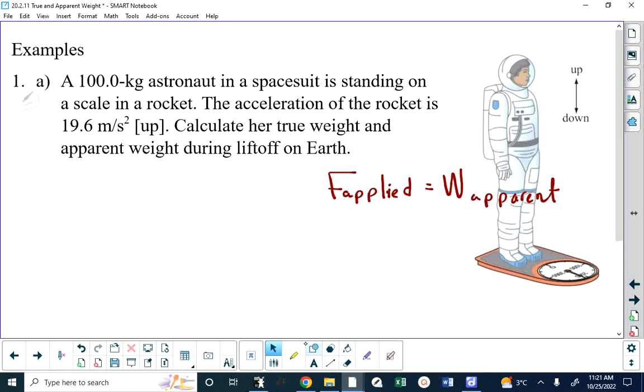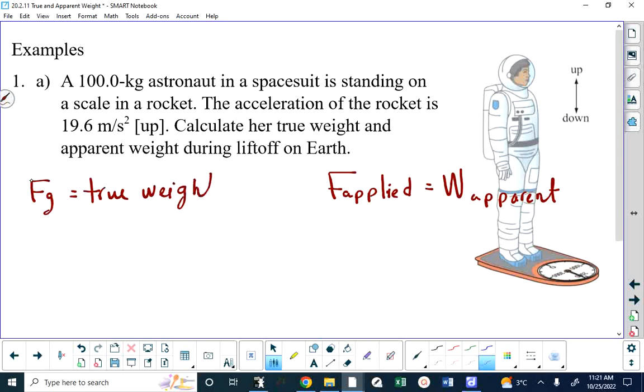Well, the true weight is just the normal run-of-the-mill force due to gravity, which is m times g, which is 100 kilograms. You might say that's a fairly large mass for an astronaut, but that's including all of her equipment and suit and everything.